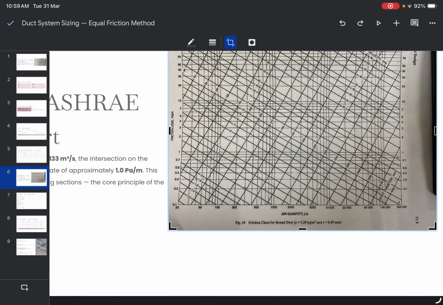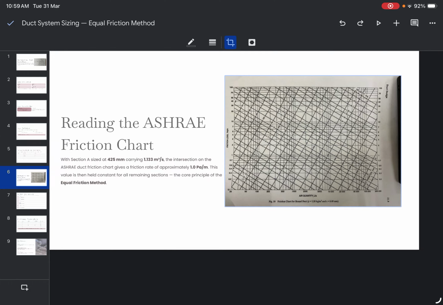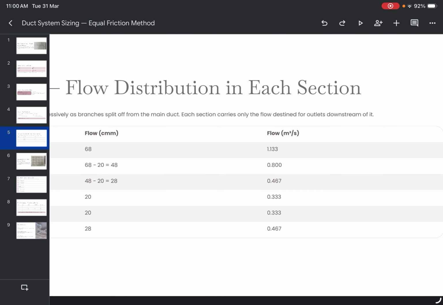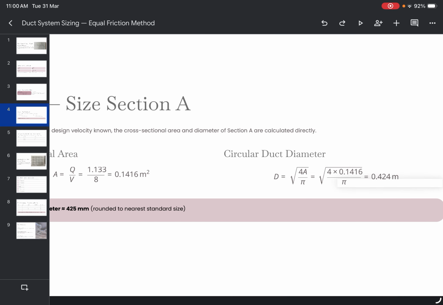And the diameter which we had calculated is 425. Okay, how did we calculate that? We had calculated the diameter as 0.424 meters, which is 425 mm.